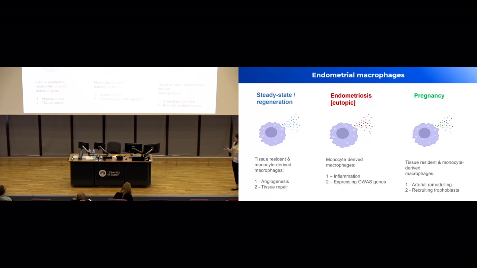They also express a lot of these GWAS genes, and I didn't go into our work during pregnancy, but we also see that these uterine macrophages are crucial for implantation and placentation itself. This points to the importance of macrophages in reproductive biology, while there is still a lot of work that we are doing on how they behave in the context of other diseases, or even in the lesions themselves from endometriosis.